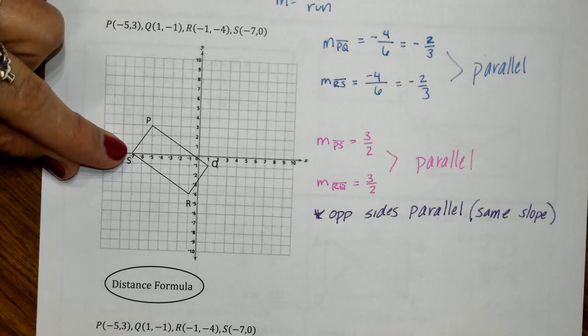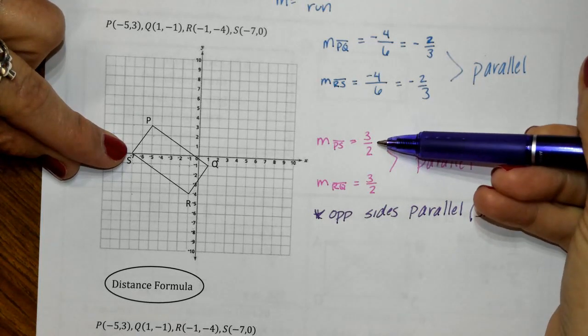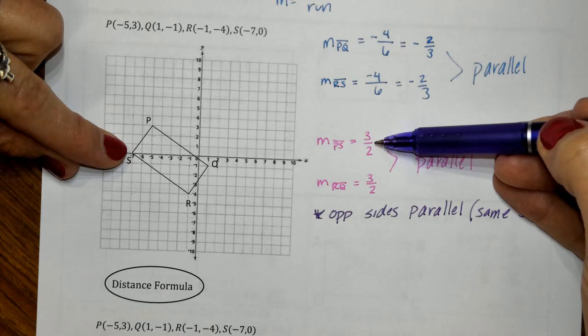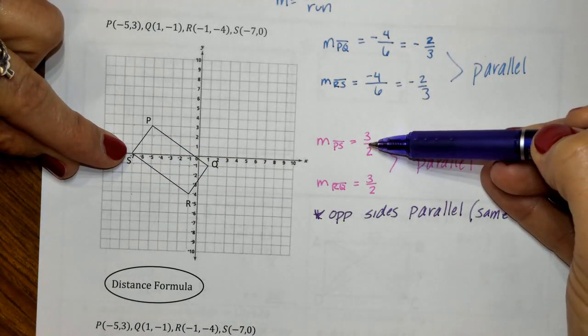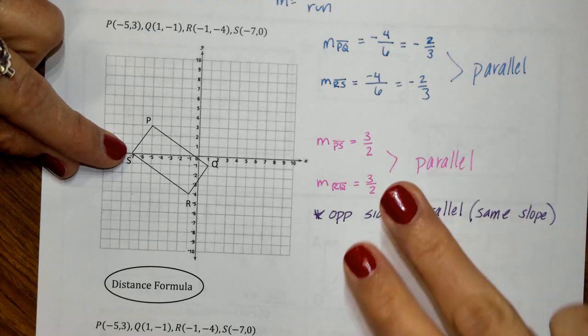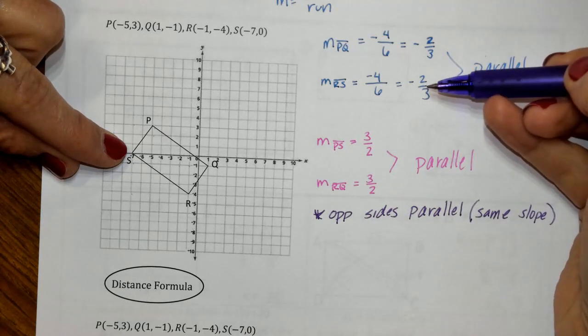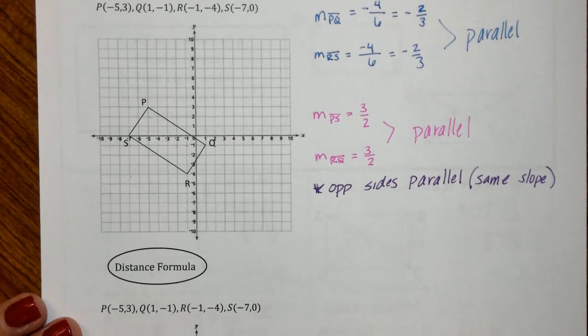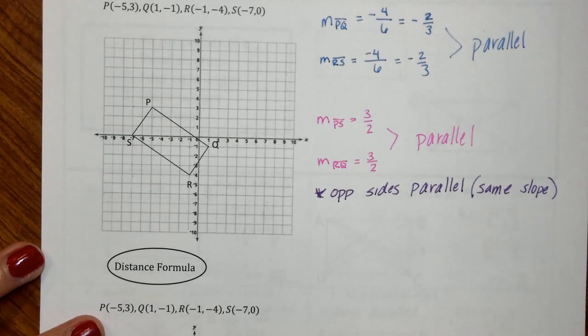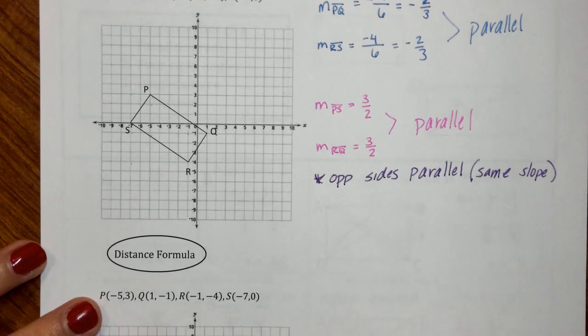Okay, we have a little game show going. We change the sign and flip that fraction. So from this 3/2 from PS to SR right here, we have to change the sign, make it negative, and we have to flip the 3 and the 2, and that's exactly what we have. So we have opposite reciprocal slopes with consecutive sides making that 90-degree angle.